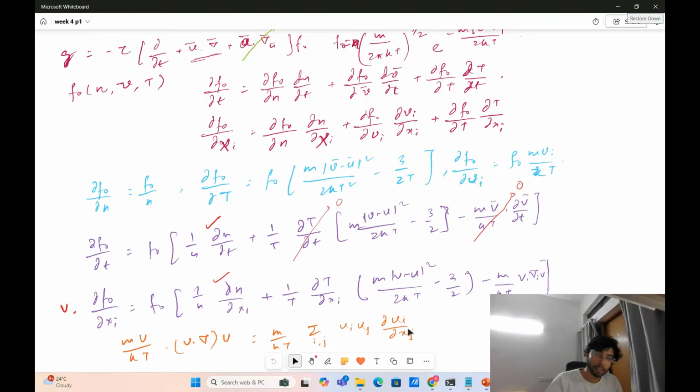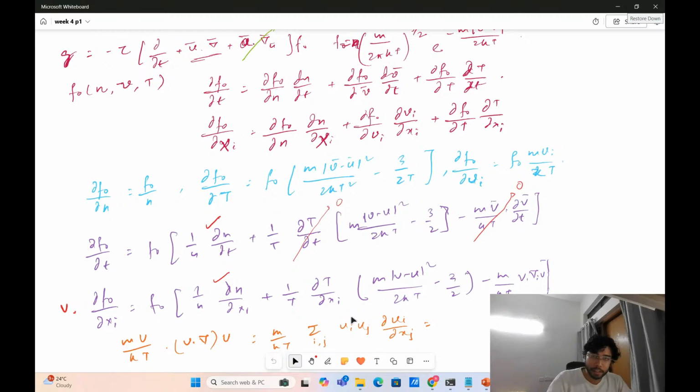Okay, so this is the expression, and from here we will again use another property that we discussed briefly last week. As we said, the multiplication of a symmetric and an antisymmetric tensor will be 0.